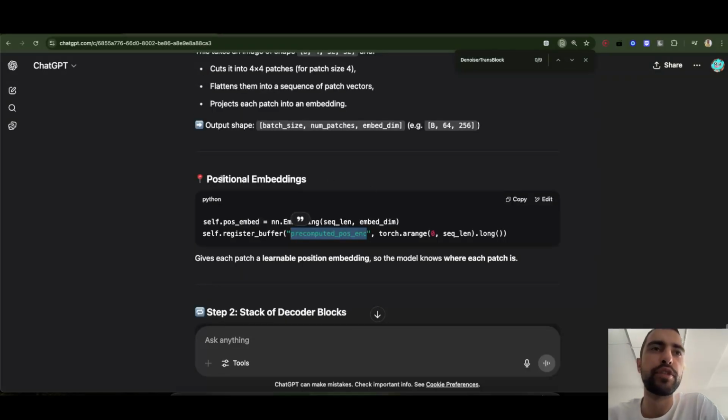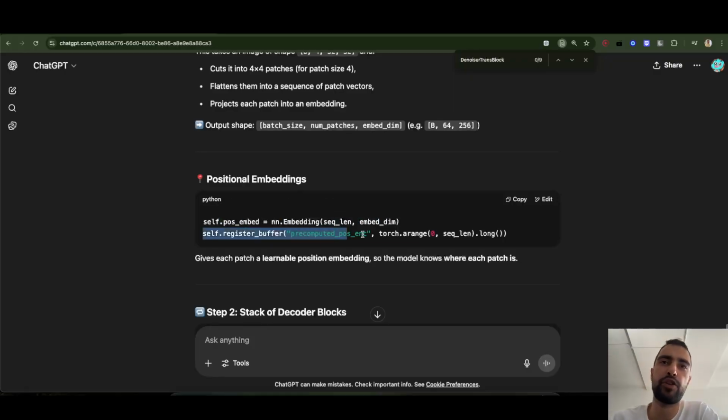Then we have this positional embedding. So it's going to be learnable embeddings. So it's going to be sequence length and embedding dimension. So for each patch, there is this embedding vector. It's going to encode position, and it's learnable. We also have some pre-computed positional encodings, so I'm not sure if we use them together or separately. We choose one, we'll see further.